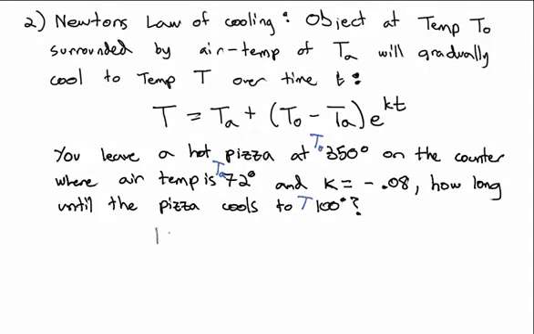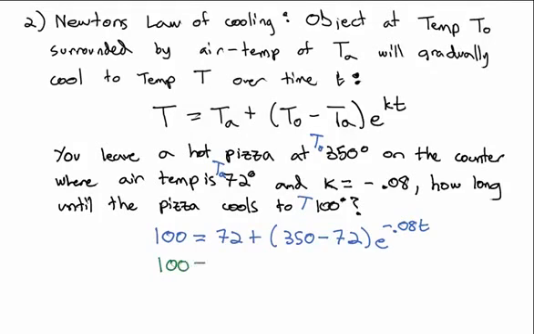So when we plug this into our formula, we get 100 equals the air temperature of 72 plus parentheses the starting temp of 350 minus the air temp of 72 times e to the k, which is negative 0.08, times t. Simplifying what's in the parentheses, 100 equals 72 plus 350 minus 72 is 278. E to the negative 0.08 t.